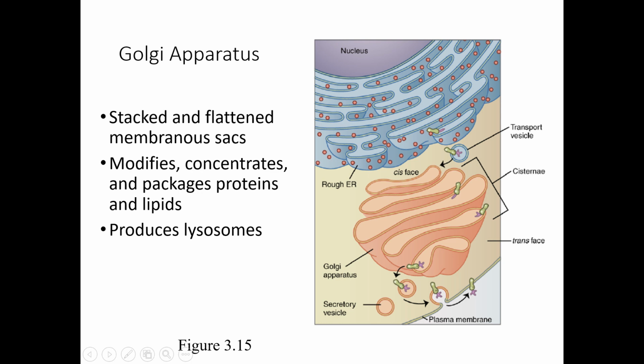How does it modify? It folds long protein chains. It also can attach complex molecules to each other, like lipids to proteins, making lipoproteins, and glucose to proteins, making glycoproteins. And also it produces lysosomes. We'll talk about lysosomes a little bit later.